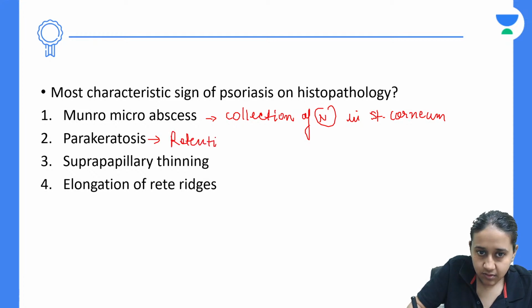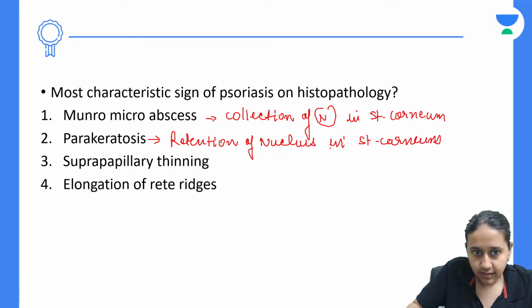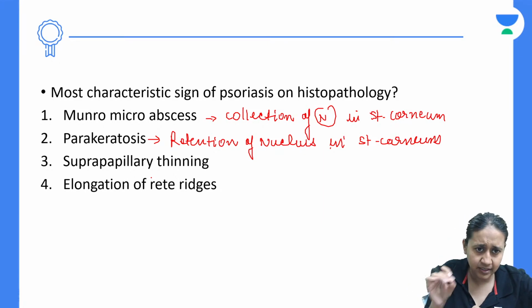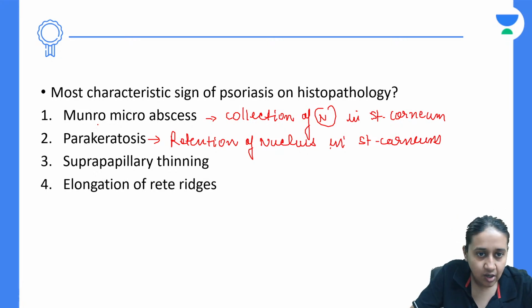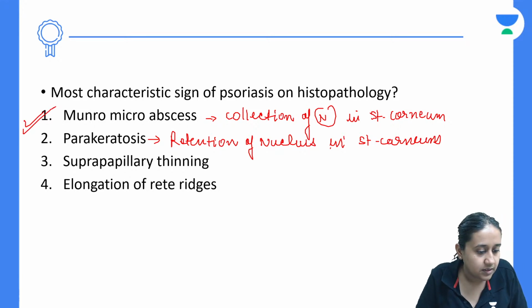Retention of nucleus in the stratum corneum. And suprapapillary means the epidermis above the dermal papilla is thinned, and there is elongation of rete ridges. All of these are findings of psoriasis, but the characteristic one is Munro microabscess.